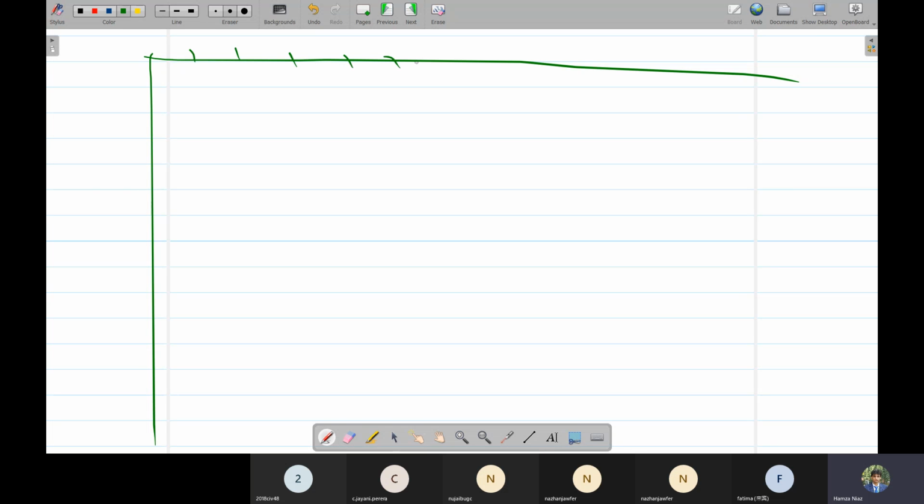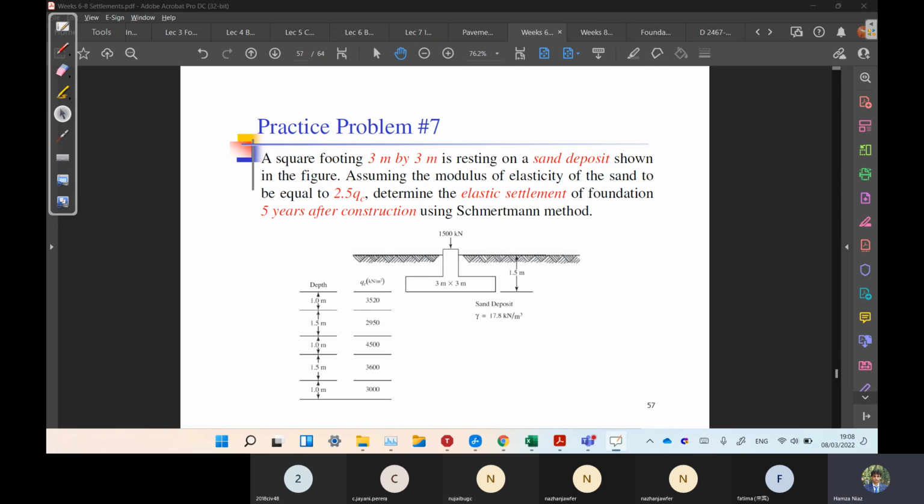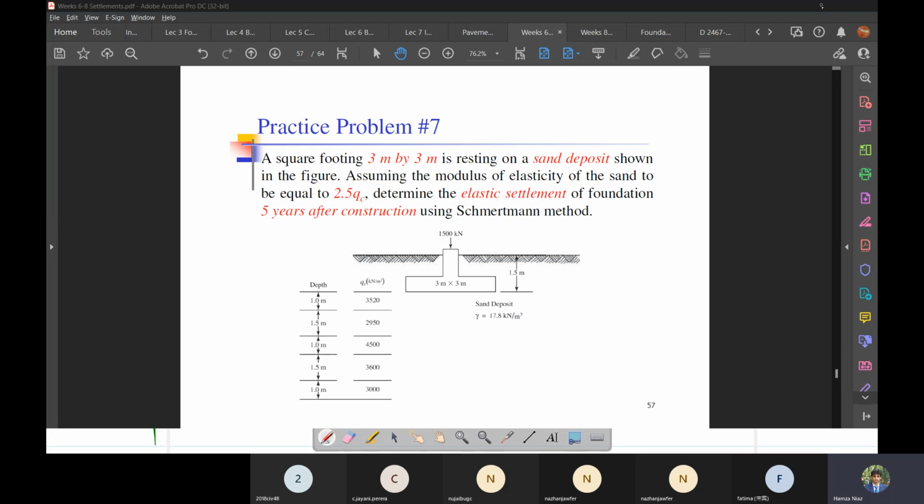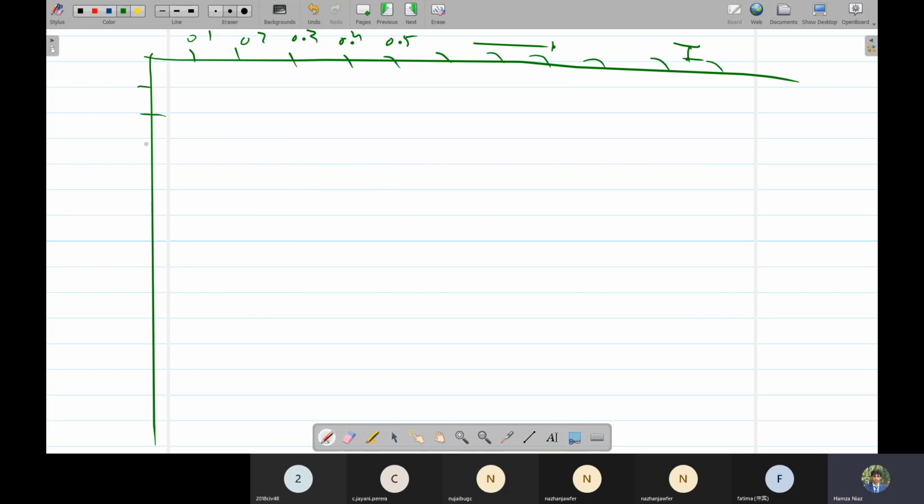This is our strain influence factor axis: 0.1, 0.2, 0.3, 0.4, 0.5, and so on. Second thing is footing depth: 1, 2, 3, 4, 5, 6, 7, 8, 9, 10. This is the depth below our footing.